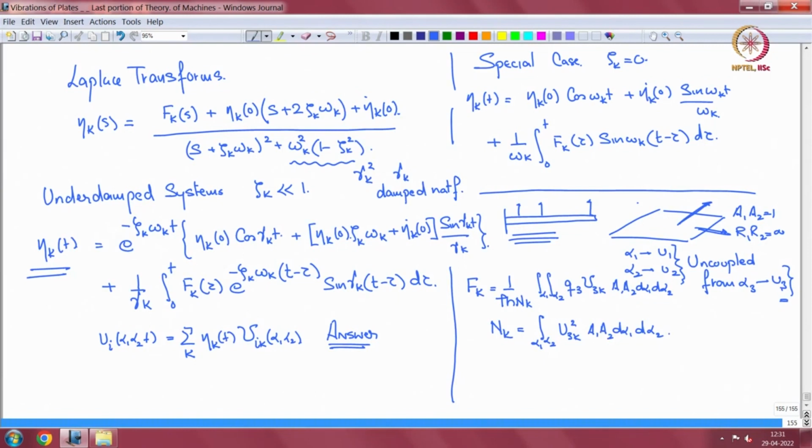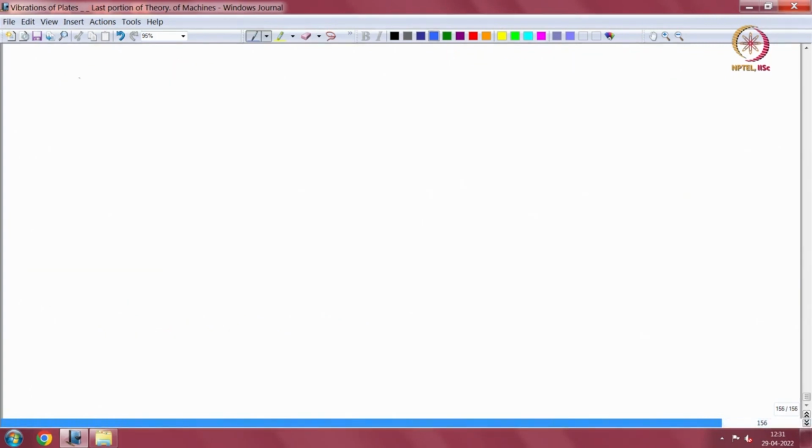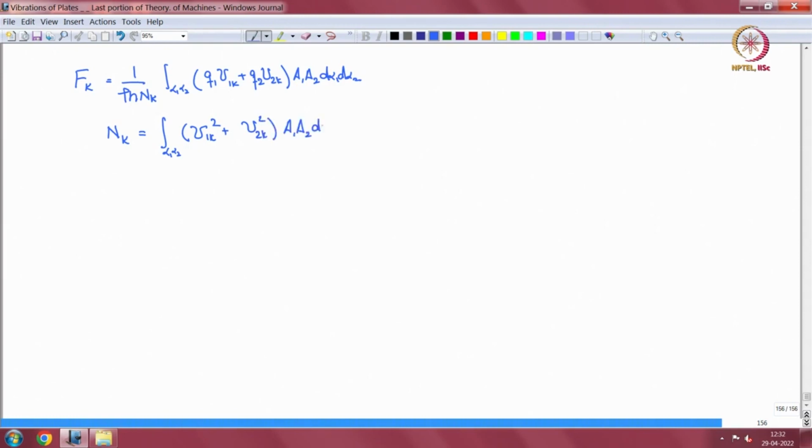And if it so happens that we are interested in the u1 displacement and the u2 displacement, and the forces are acting along u1 and u2 on the surface, that means there is a q1 force and a q2 force on the surface, then f k changes to 1 over rho h n k times the integral over alpha 1 alpha 2 of q1 u1k plus q2 u2k, A1 A2 d alpha 1 d alpha 2, and then n k takes the form integral of u1k squared plus u2k squared, A1 A2 d alpha 1 d alpha 2.